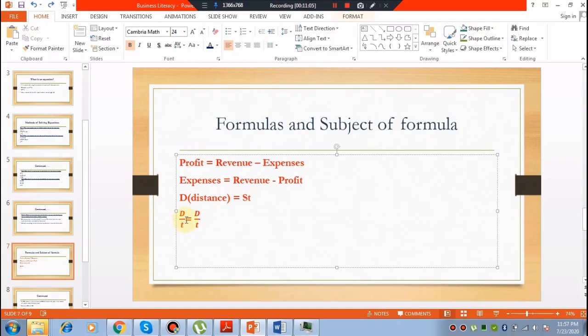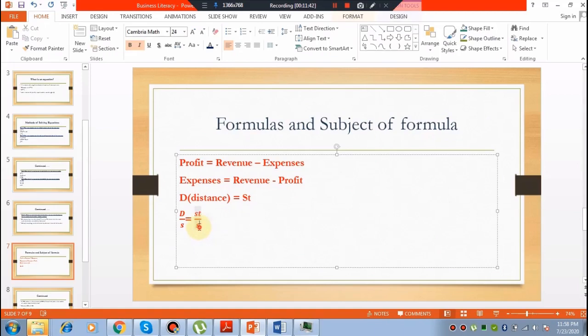Distance here, distance over speed, and the speed is also put over this side.